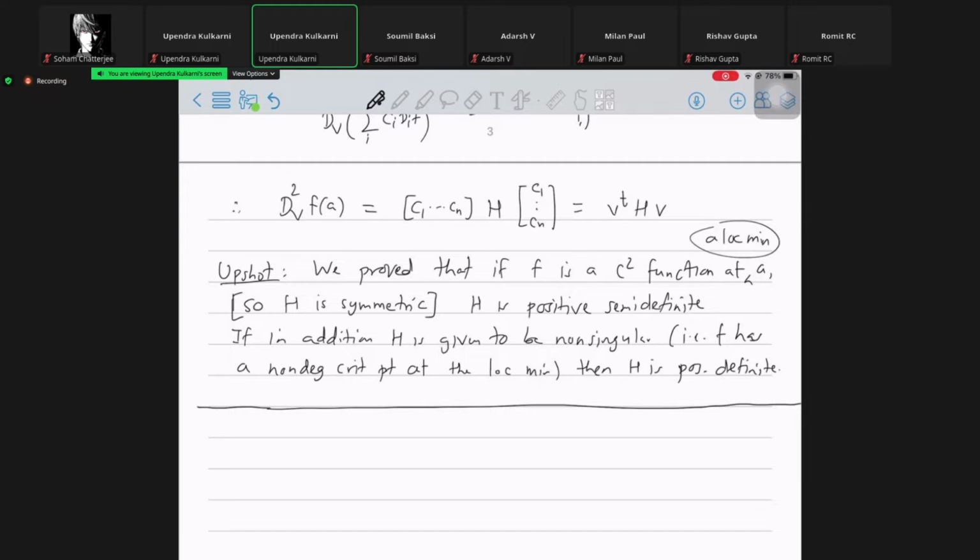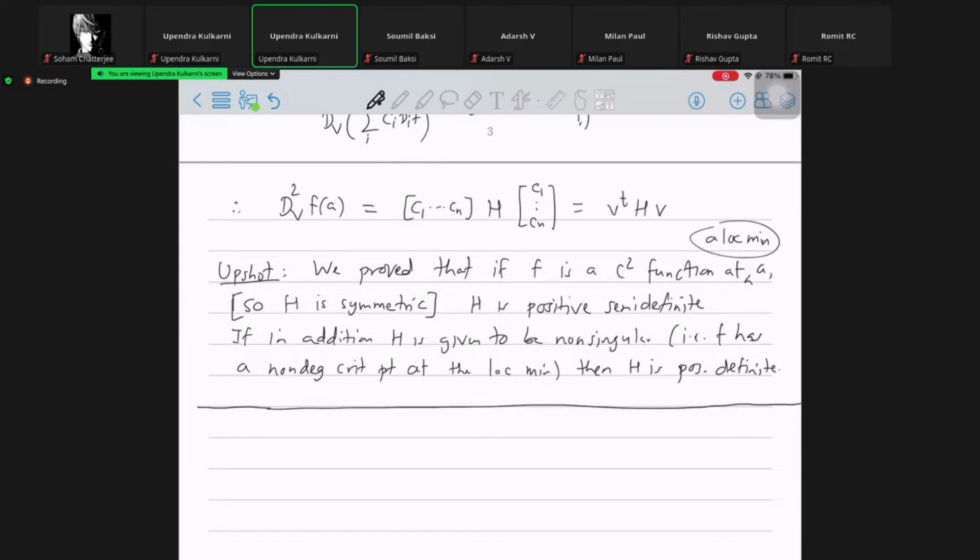Namely, I can prove the converse: I have a critical point where I assume that the Hessian is non-singular. Then I simply look at whether the Hessian is positive definite, negative definite, or neither. I do not have to worry about any eigenvalue being 0 because I have assumed that H is non-singular.